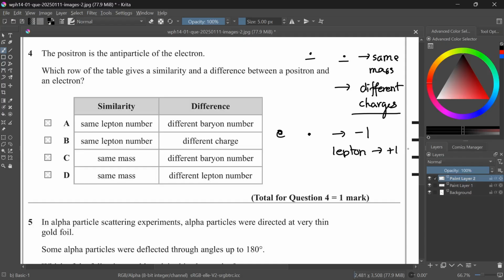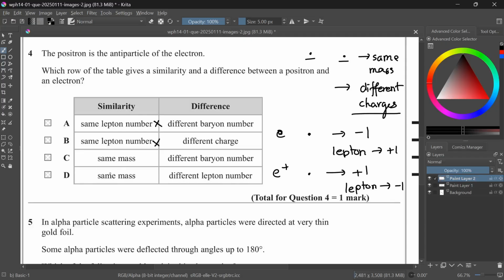It switches up. For a positron, the charge value will be +1, but its lepton number will be, of course, -1. So they can't have the same lepton number, so you can cross these both options out.